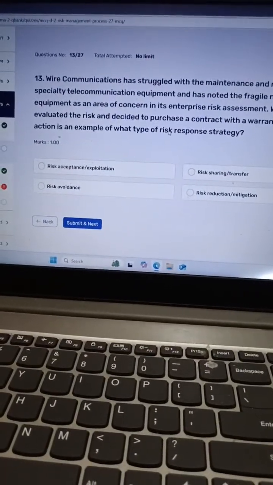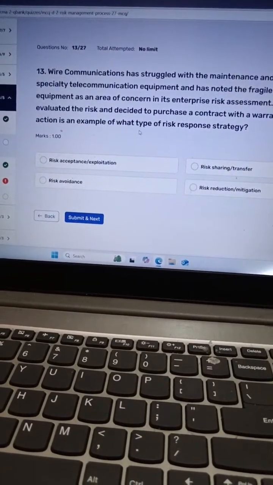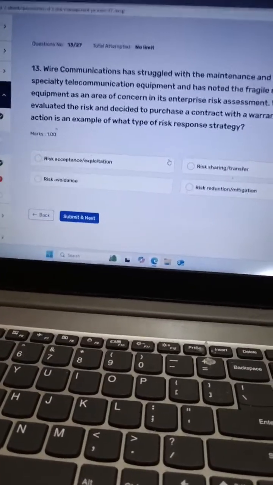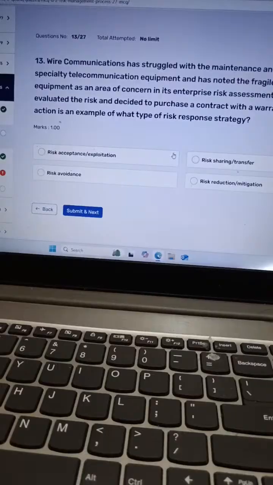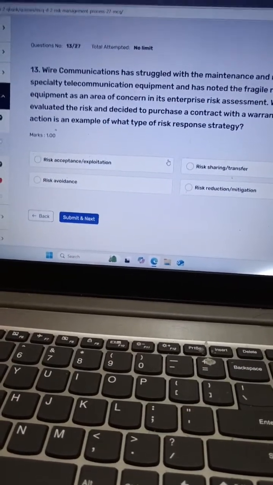What is the requirement of this question? This action is an example of what type of risk response strategy? We need to find the risk response strategy.